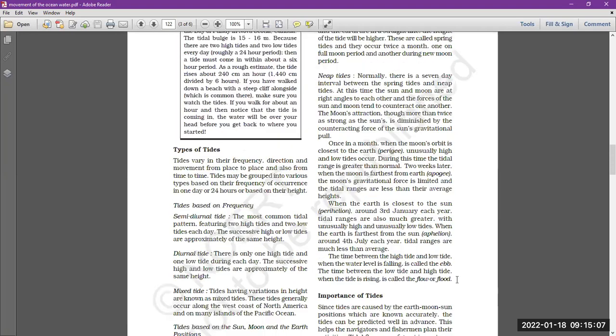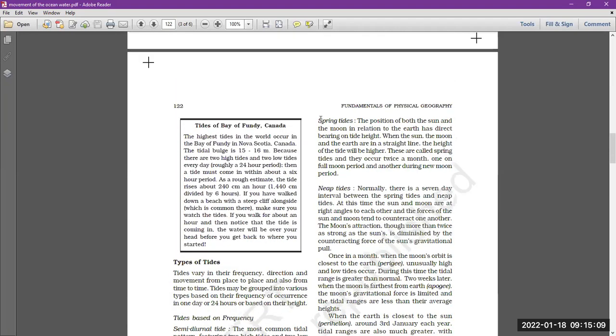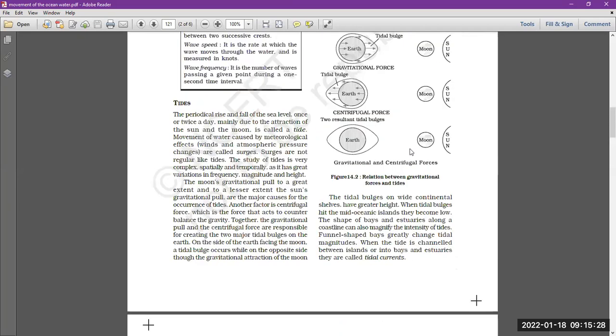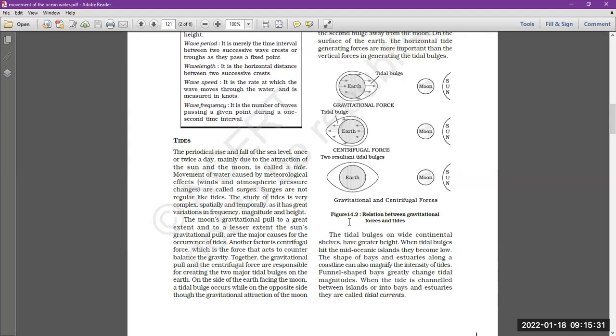So let's start the discussion of spring tide. What do you understand by spring tide? In spring tides, the position of both the Sun and the Moon in relation to the Earth has a direct bearing on tide height. When the Sun, the Moon and the Earth are in a straight line, look at this figure, figure 14.2.